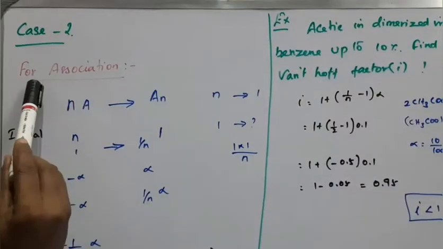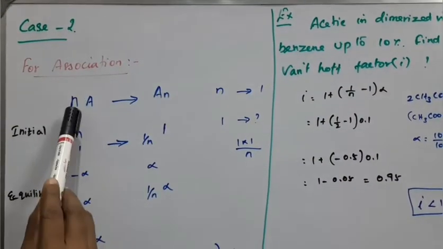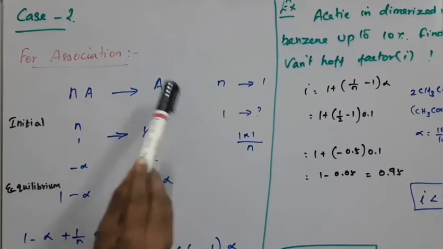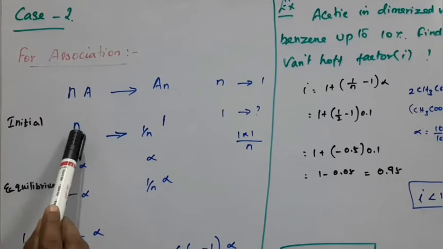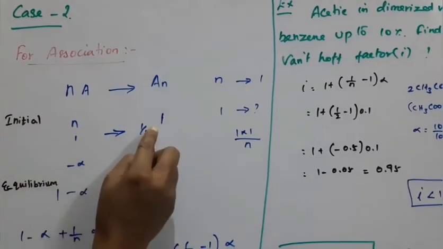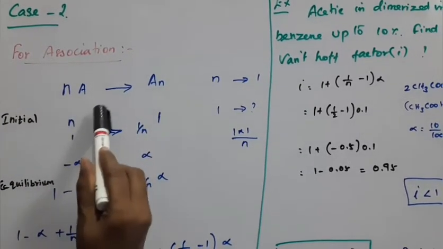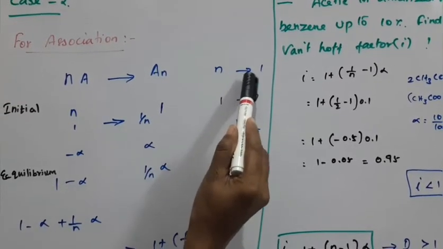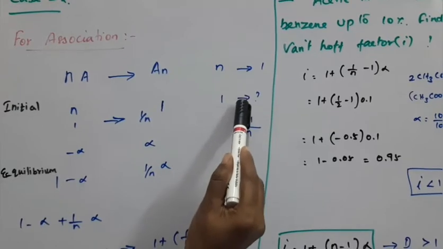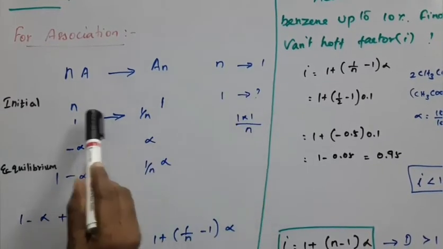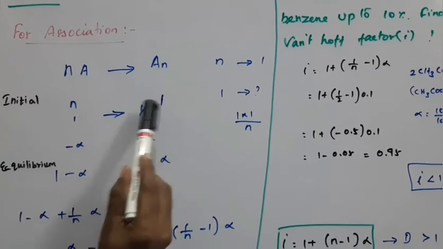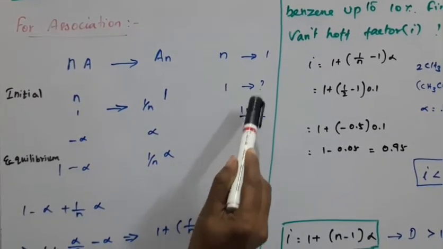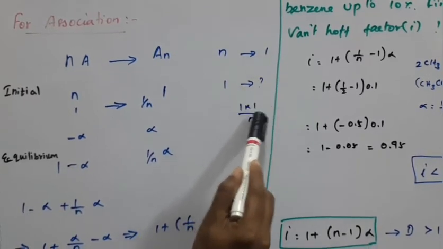Okay, for association. So n moles of A associate to give 1 mole of An. Initially it is n moles, converted to 1 mole of An. So cross multiplication we do, that is 1 into 1 mole for 1 into 1 by n.